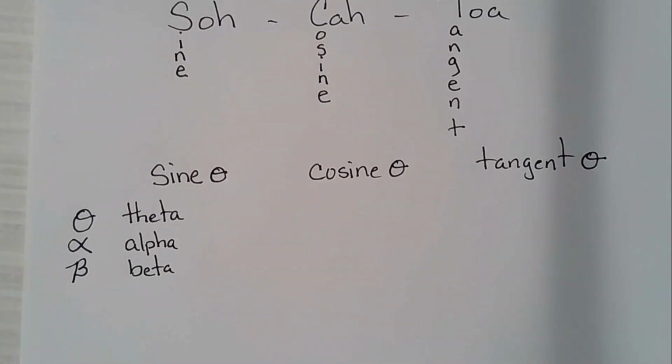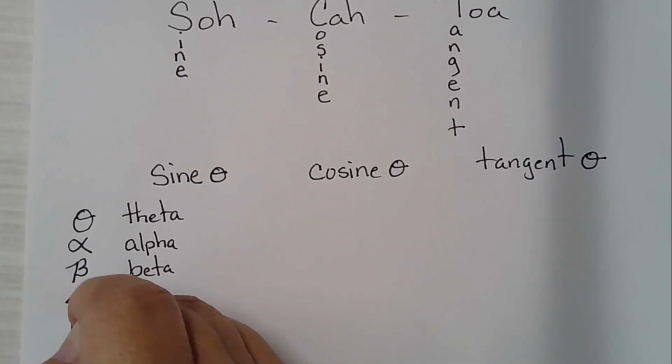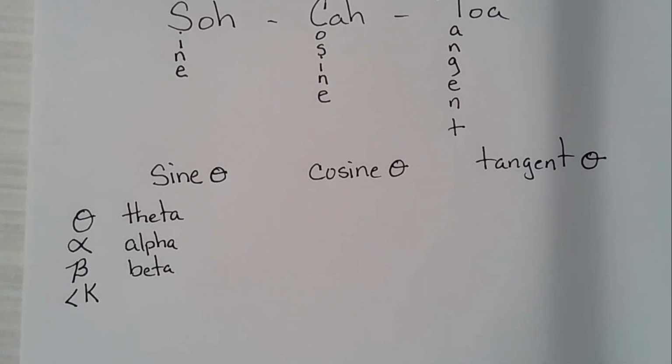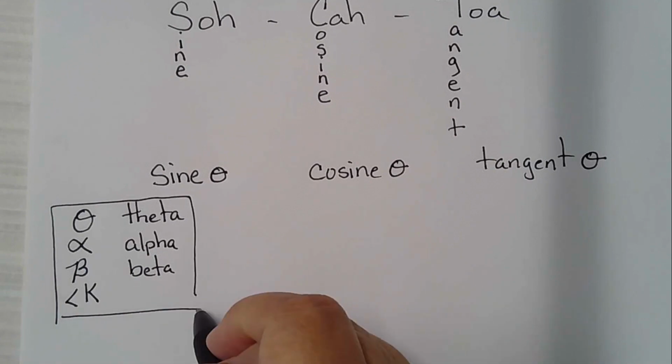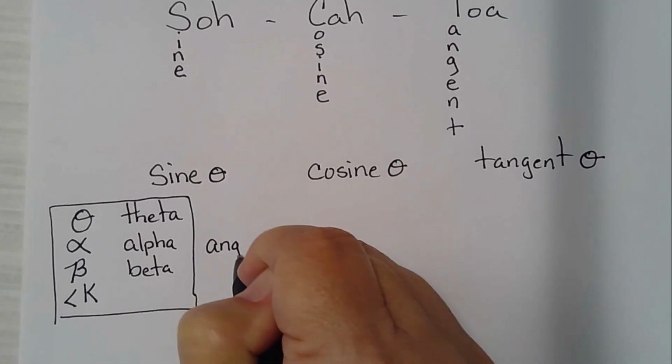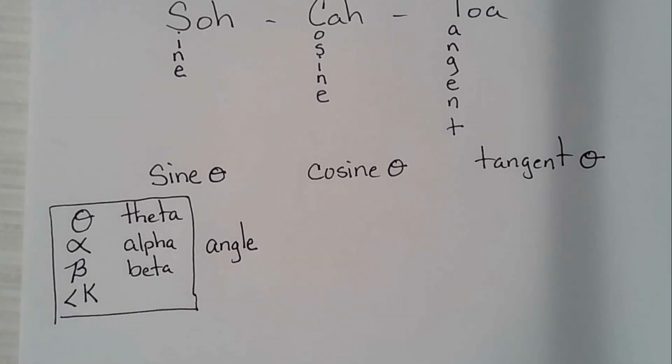So theta, alpha, and beta, Greek letters that we use for angles, but sometimes it may just say angle K, where K is the vertex of your triangle. So these are all different ways that we might write the angle. But when we are talking about sine, cosine, and tangent, these are functions of angles.